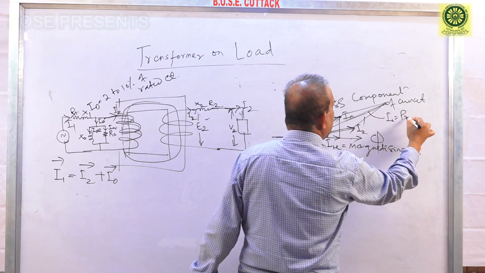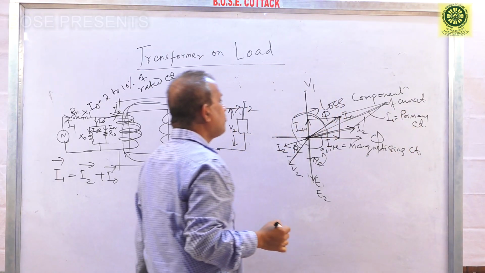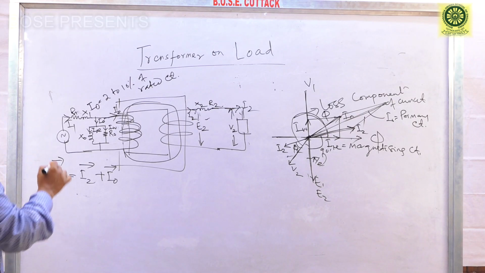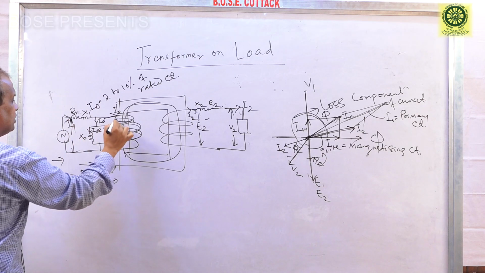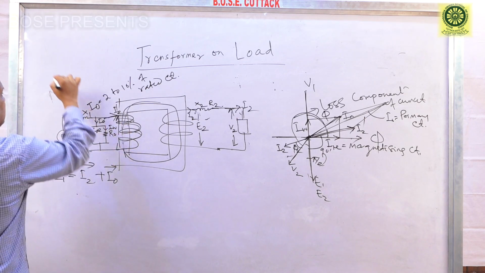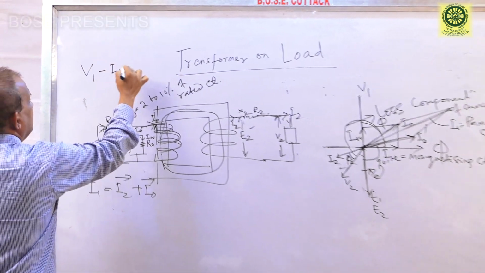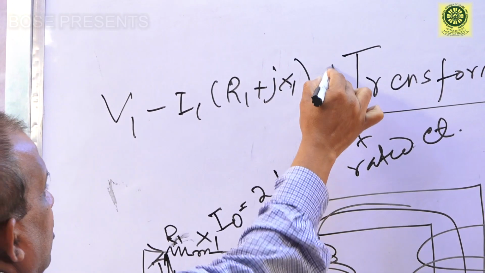This is the primary current. Next, I can write the equation for this side: V1 minus I1 (R1 plus jX1) is equal to E1.